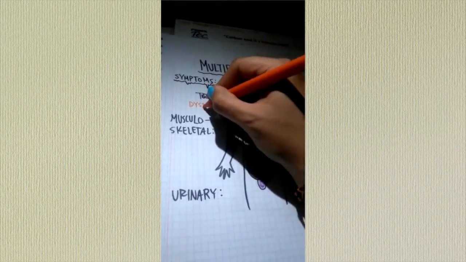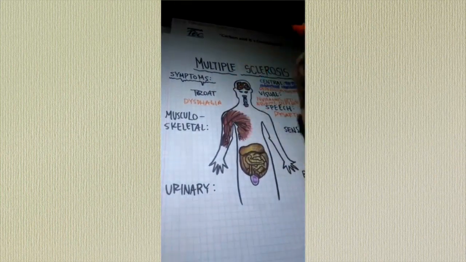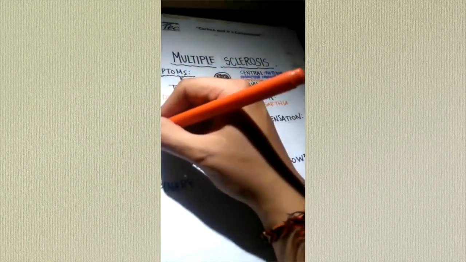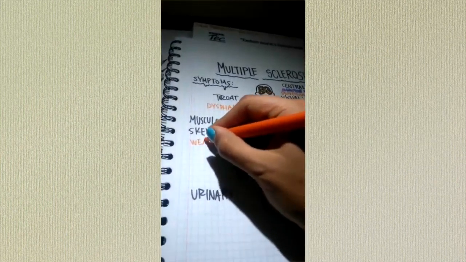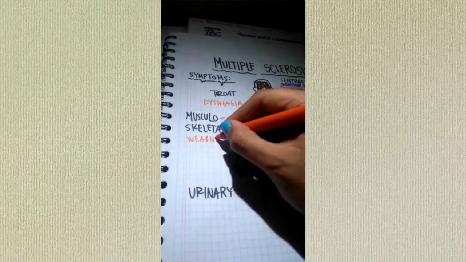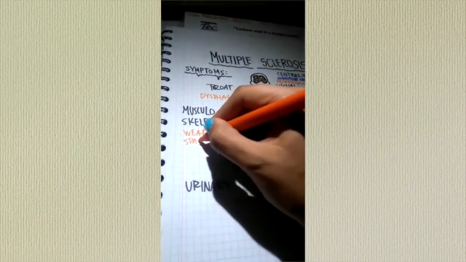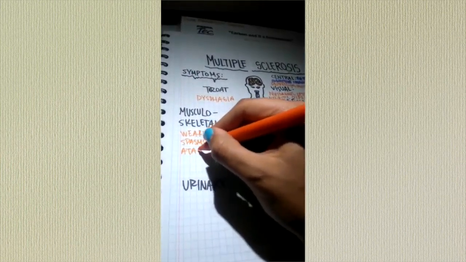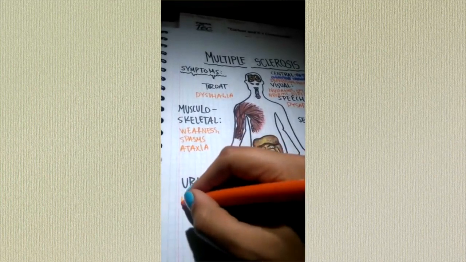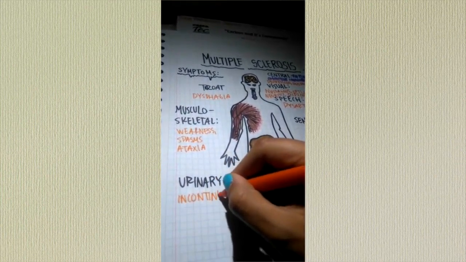Speech: dysarthria. Throat: dysphagia. Musculoskeletal: weakness, spasms, ataxia.